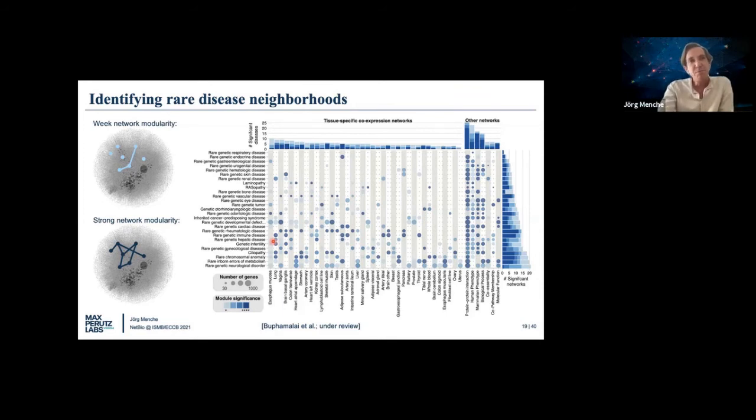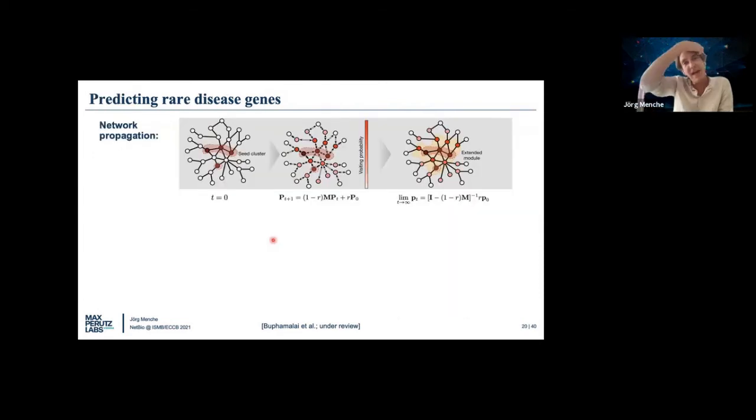Okay, so let's see how we can use this. And of course, the first thing that we do is to build disease gene prediction methods, and the almost canonical solution for this is network propagation algorithms that try to identify broader modules around a given set of seeds or around a given seed cluster by sending out random walkers or other diffusive processes.